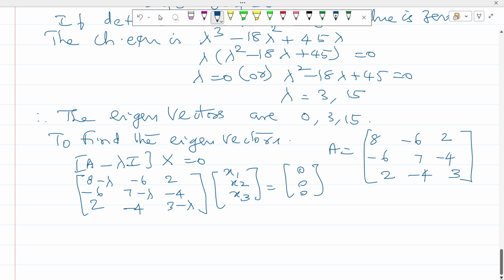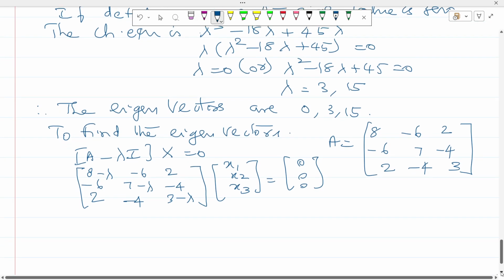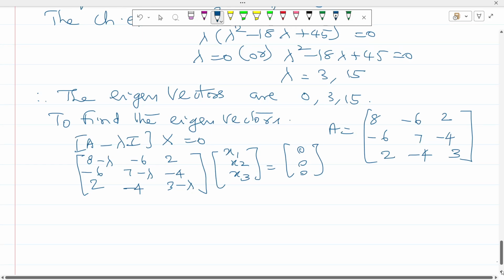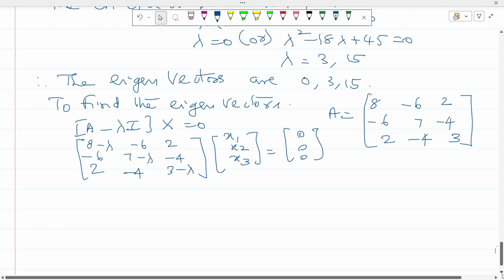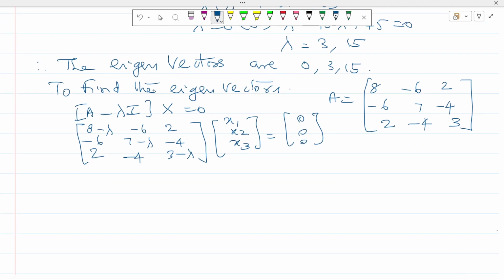Now we have to find the eigenvectors by substituting the eigenvalue in this equation. We can take this as equation number 1.